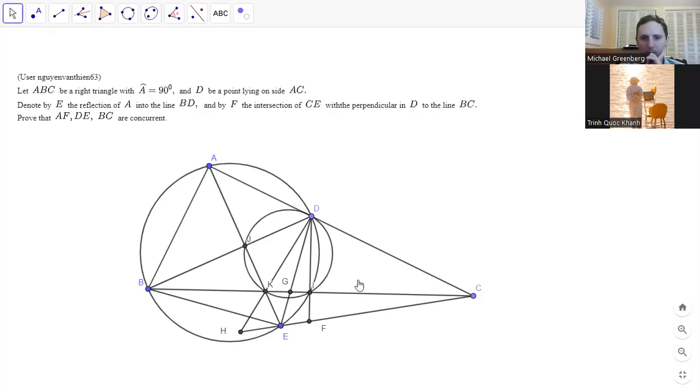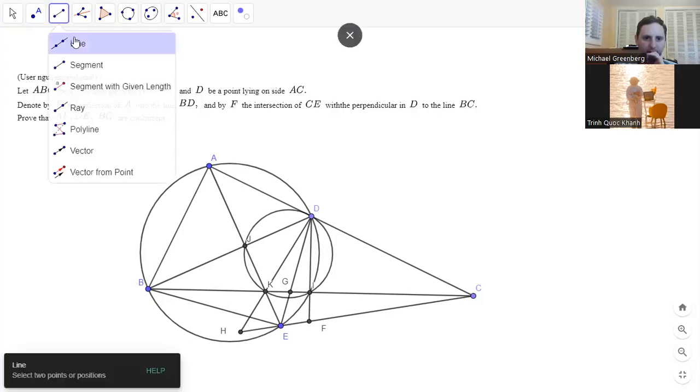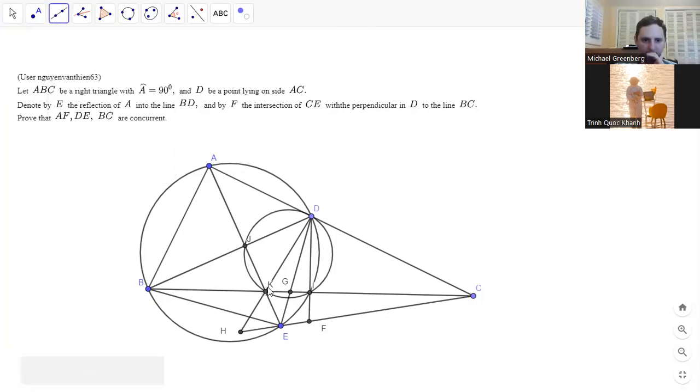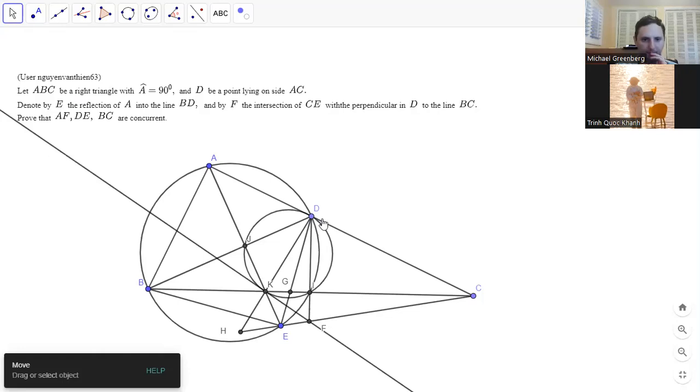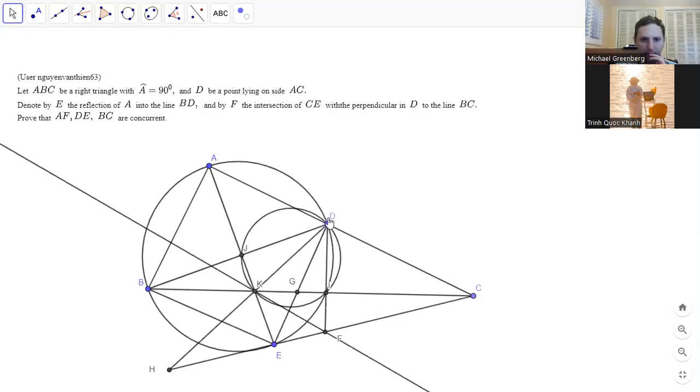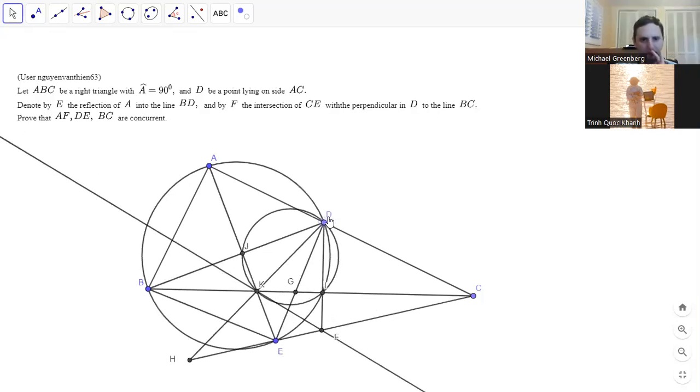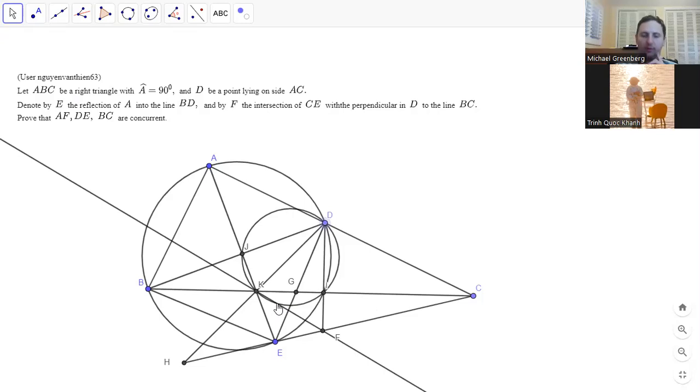Oh, maybe we want to project through K onto this circle. I'm not sure where F would go to, but yeah, I wonder if KF is tangent to that circle, and then maybe that would solve it. No, KF is not tangent. But let's see, we would have J, D, I, and this point, and we want to show that's harmonic.